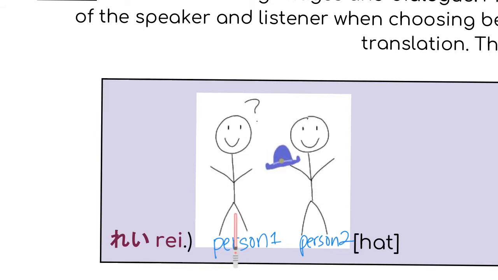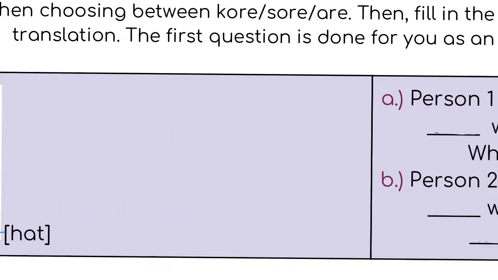In this case, since person 1 is here and person 2 is here, he would say, what is that? If your friend was holding something and you ask them, what is this? They might be confused because they might think you're asking about something near you. So, since his friend is holding it, he's going to say, what is that?